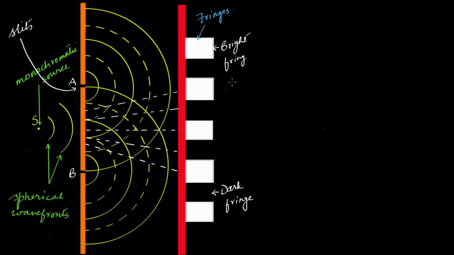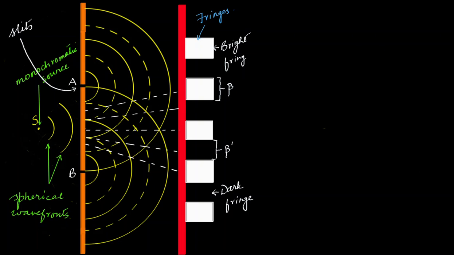Is this clear? And the distance here is the width of the bright fringe, denoted by beta, whereas this is the width of the dark fringe, denoted by beta dash. Is this clear? So why are alternate bright and dark fringes produced on the screen? It is due to the interference of the light waves coming from the two coherent sources.